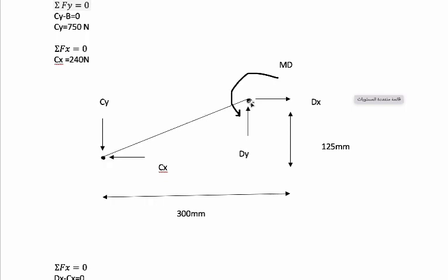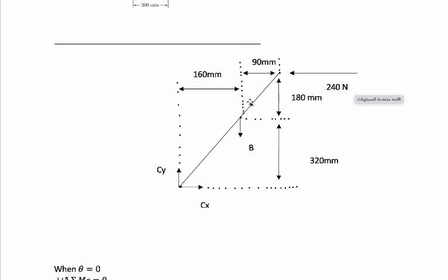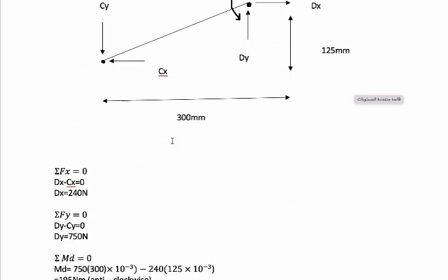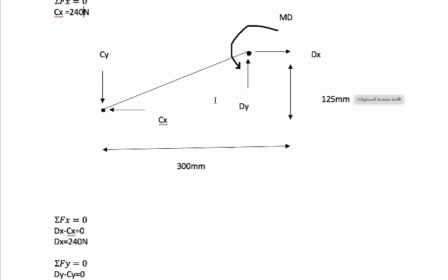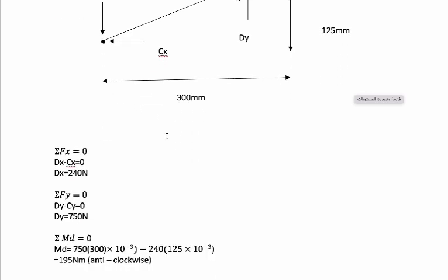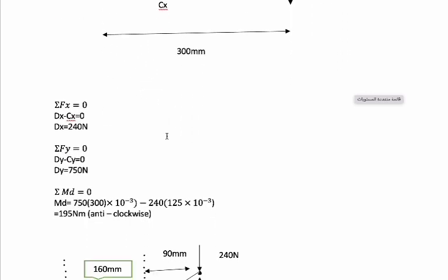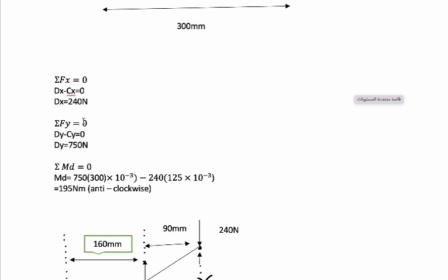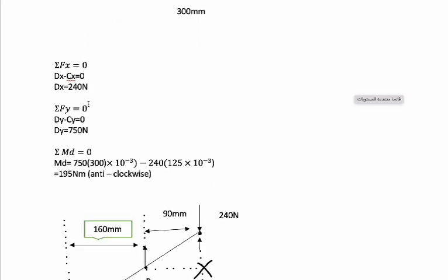D point as shown. So we must draw the free body diagram as shown here, and we do the sum of F in X equal to 0, and Cx we already got, so we do it and we get the answer.